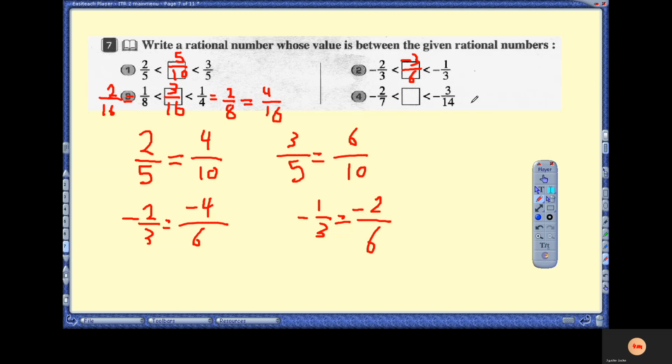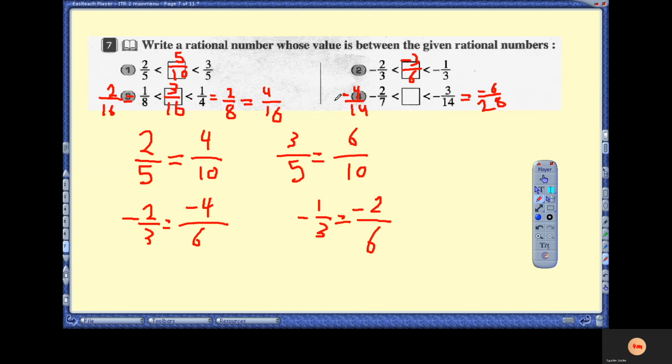Here negative 2 over 7 and negative 3 over 14. Here will be the common denominator between the two rational numbers. Here it will be negative 4 over 14. Then multiply by 2 will be negative 8 over 28.